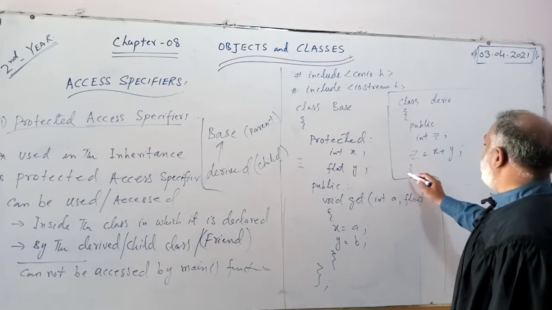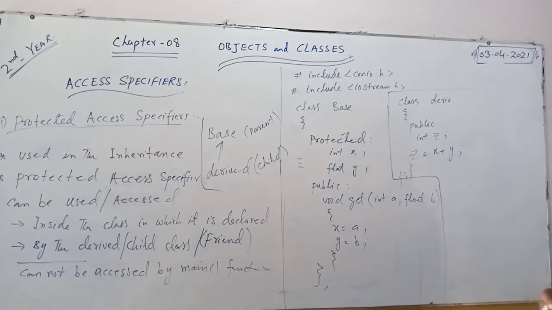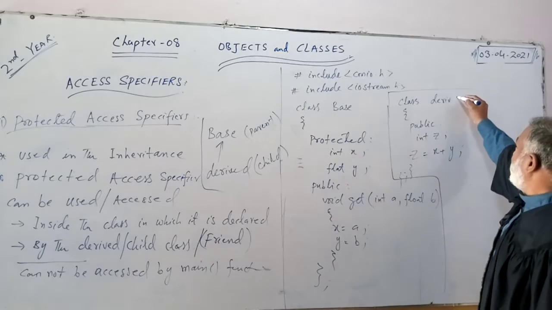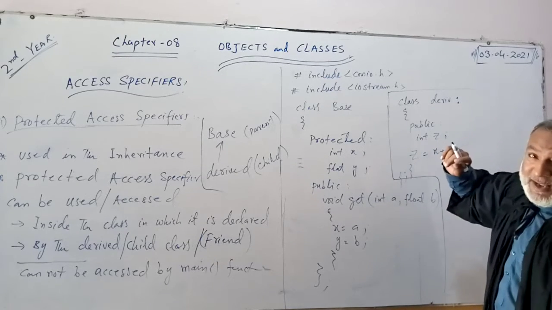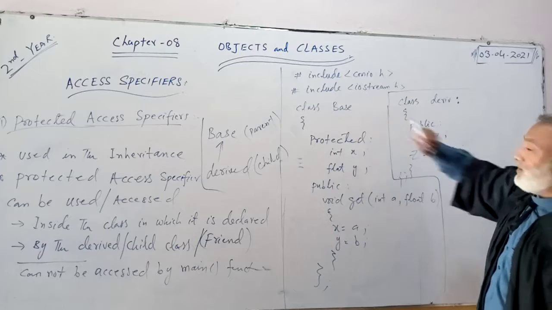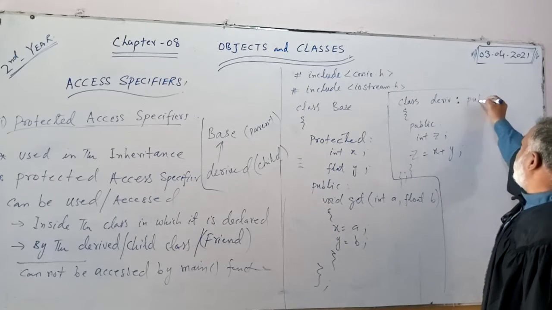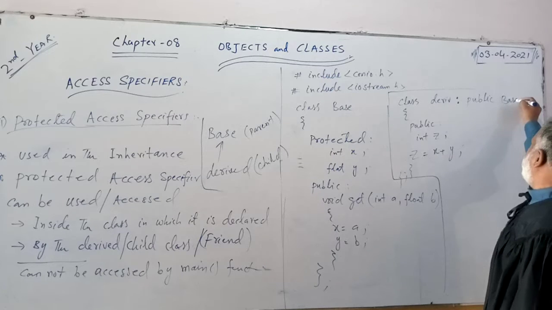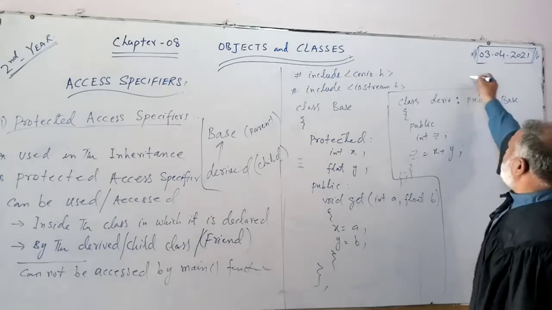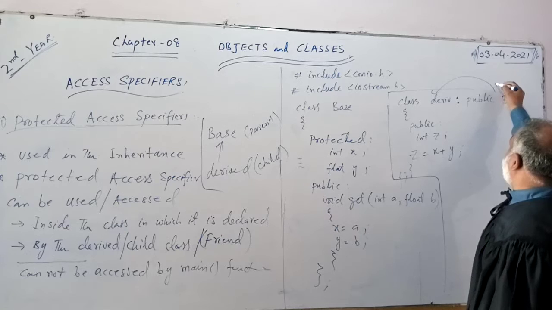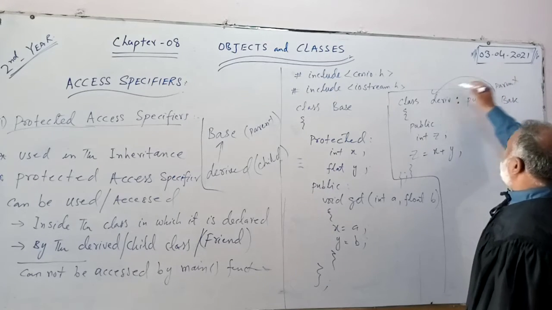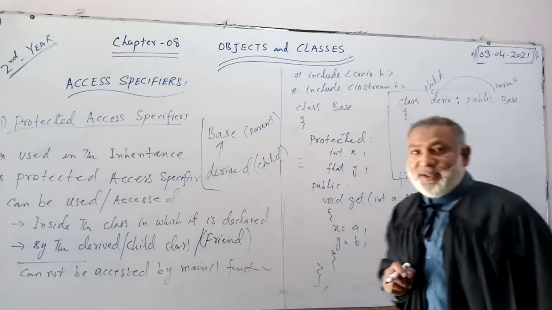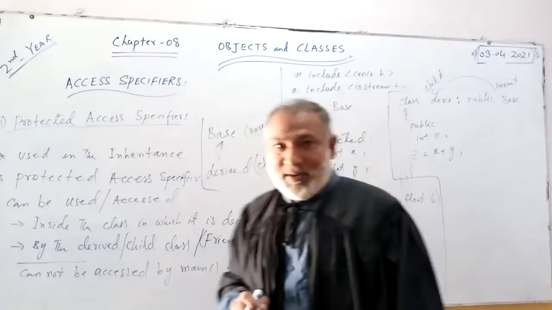So here what I am doing, I am accessing the protected member data in another class. How? If and only if you derive this class. If I derive this class as public base, it becomes your parent class, and it becomes your child class. When you derive this, now you can utilize and access the protected member data.